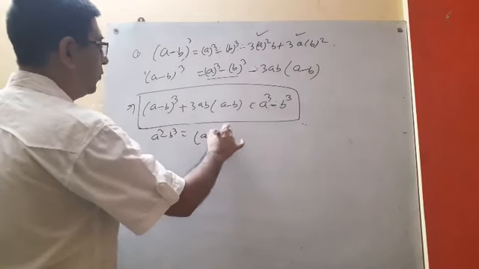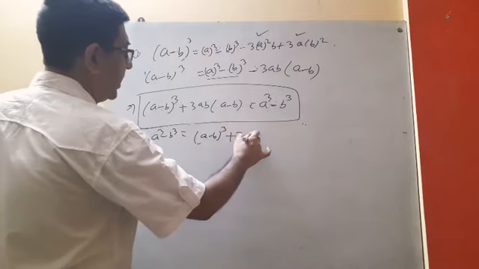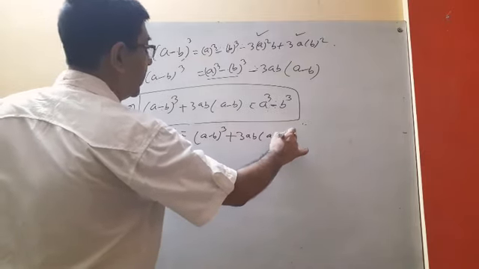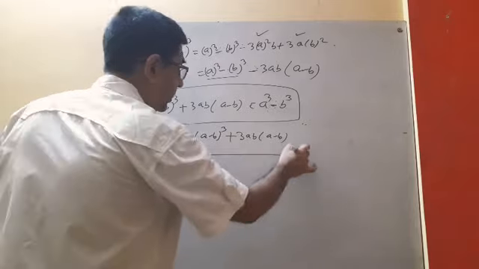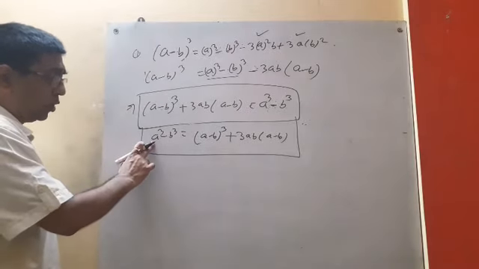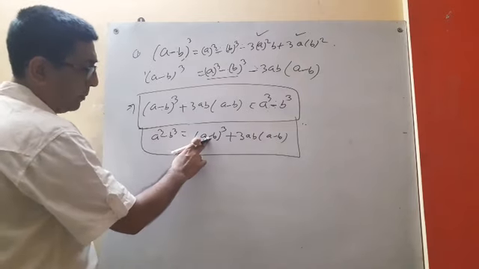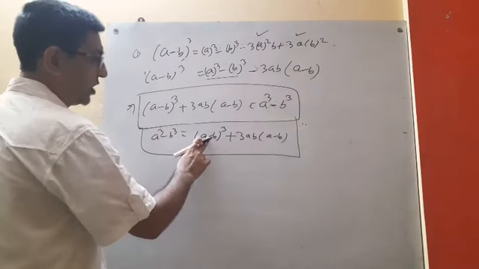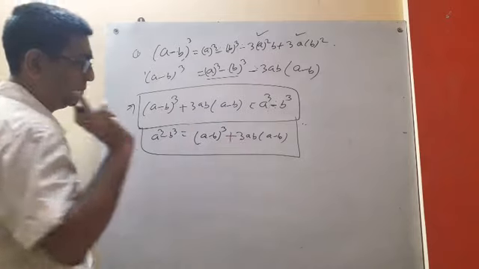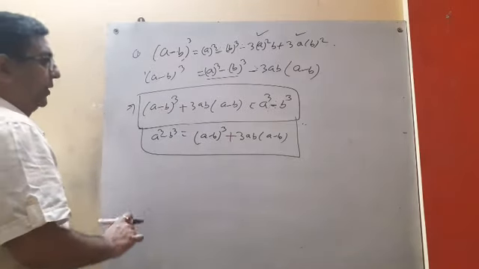A minus b whole cube plus 3ab into a minus b. This is very confusing. Just to remember, I am telling you, for a cube minus b cube, the order is minus plus minus. Start with minus, end with minus, middle is plus. Okay, so a cube minus b cube.